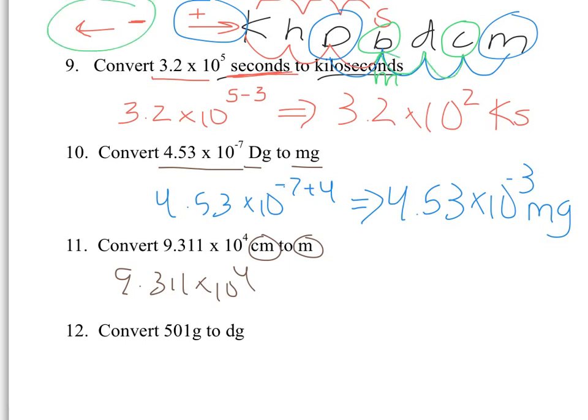To the left is subtract. So I am going to subtract 2 from that scientific notation number, and I'm going to end up with 9.311 times 10 to the second in units of meters. Remember, meters is a base. So instead of millimeters, which is under M for the prefix M, it's under B for base.